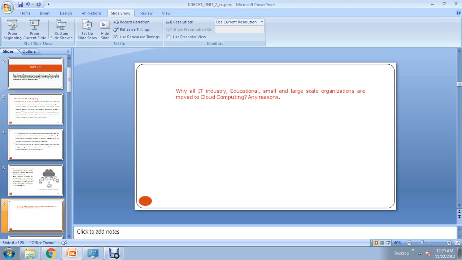The question is why all IT industries, educational institutions, and small and large scale organizations have moved to cloud computing.